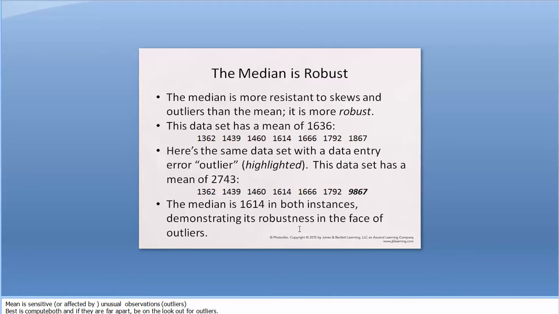So the median is more robust, and the mean is more sensitive when it comes to outlier or unusual observations. So typically, if you want to be careful, you may want to calculate both the mean and the median. And if they are very far apart, you have to be a little bit alert and see, okay, are there any outliers? You need to look.